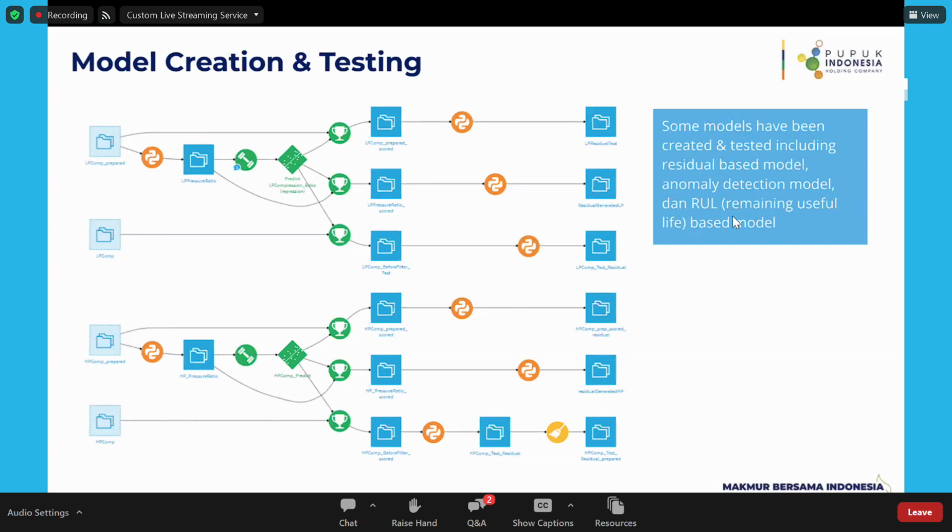We have a lot of samples for normal operation, but for anomaly and shutdown, we don't have much data to be the reference point. That's why the residual-based model works best. But in another scenario, we can use other models that might work better.